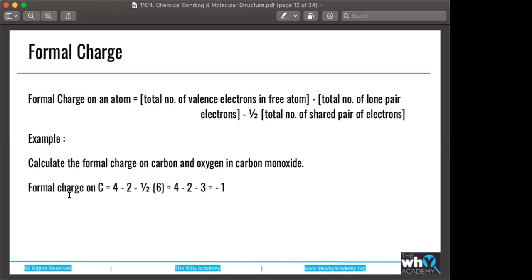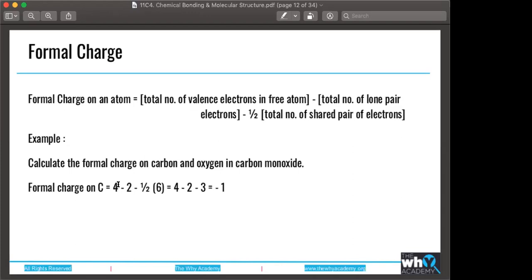So if you want to calculate it for carbon, the total number of valence electrons in a free atom, carbon originally has 4 valence electrons, minus the total number of lone pair electrons. Now these electrons are not taking part in bonding, which is why we want to remove them. We don't want to consider them in our charge calculation.